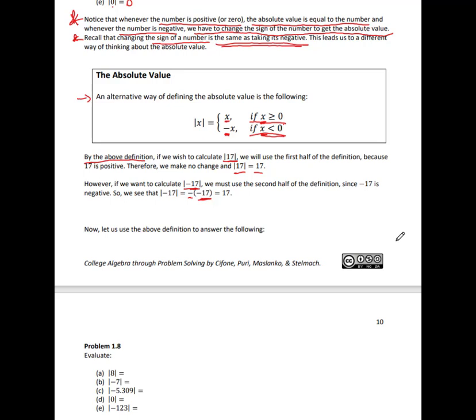Now if you put an extra minus in front of it, you're going to get 2 minuses, right? So 2 minuses here will give you a plus. It's like -1 multiplied by -17. That becomes positive 17. Okay, so again, we still ended up getting the same solution. It's just a different way of thinking about what the absolute value is.